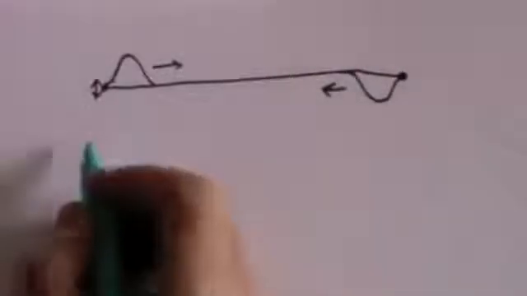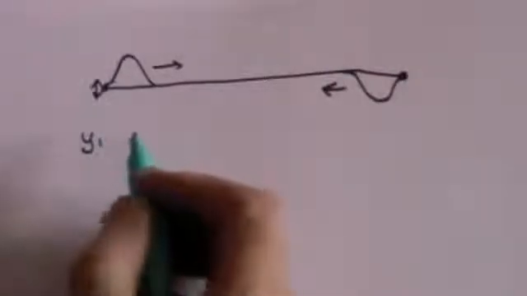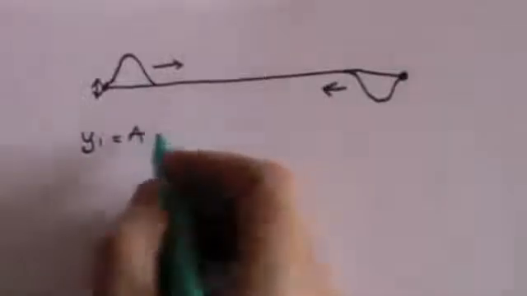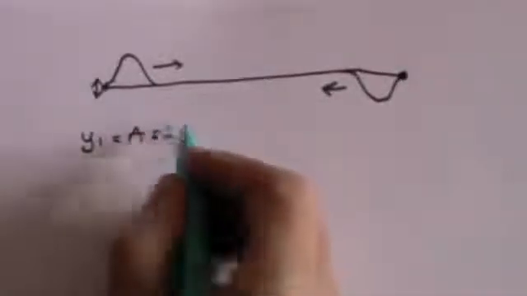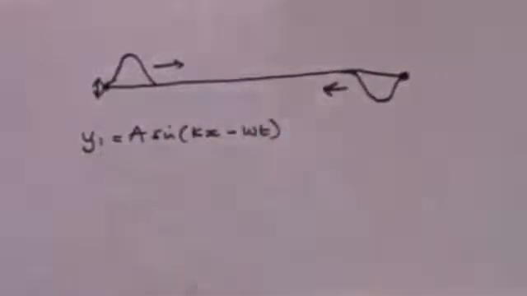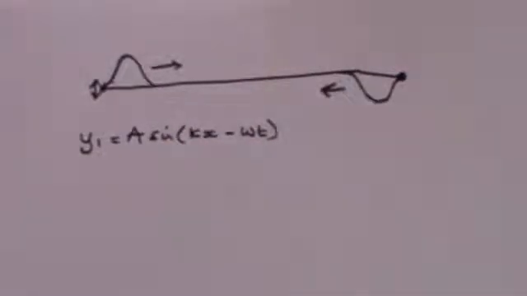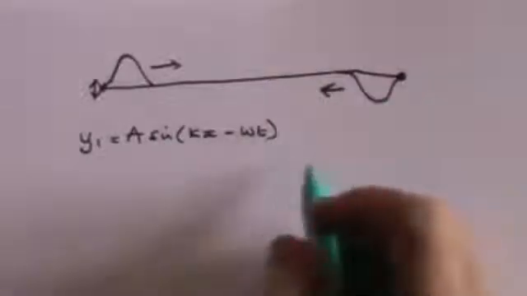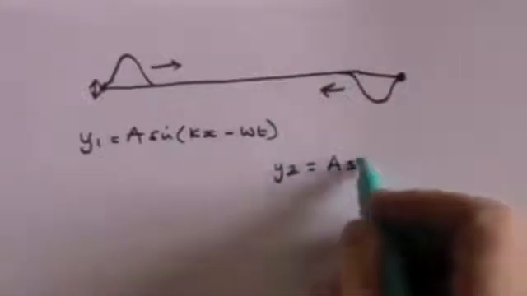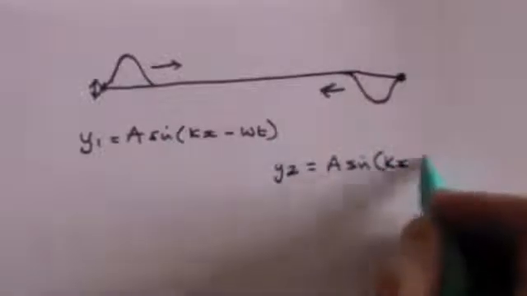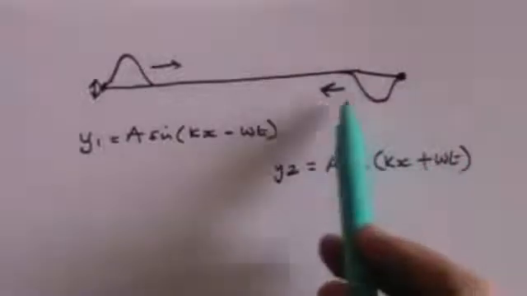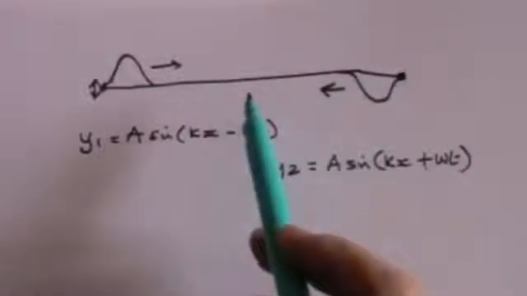So let's look at the formula for this travelling wave. We'll call it y1 is equal to A, which is the amplitude, times the sine of kx minus omega t. That was the travelling wave we had previously. This wave we'll call y2, and that equals A times the sine of kx plus omega t, because the plus indicates that it's now moving to the left.